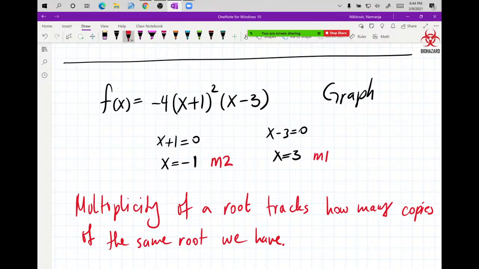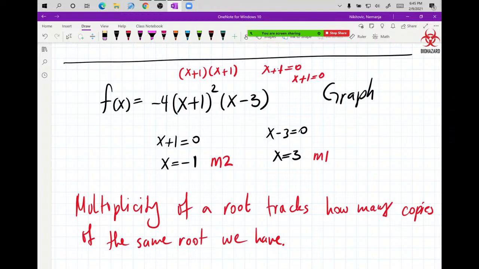Because think about it, guys, for this squared term. If I write this as x plus 1 times x plus 1 and then set each one of these equal to 0, I'll have two of them, right? I just mush them together with this square because it's easier and shorter to write.